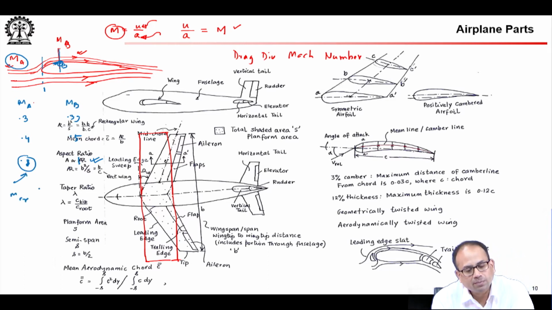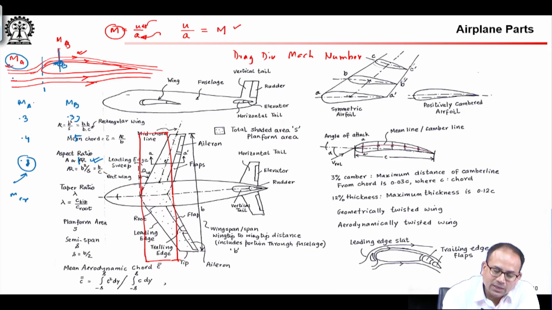So, what is critical Mach number? First of all, what is Mach number? Mach number is the speed of the flow divided by the local speed of sound. So, U A divided by A A, that is your M A. What is M B?